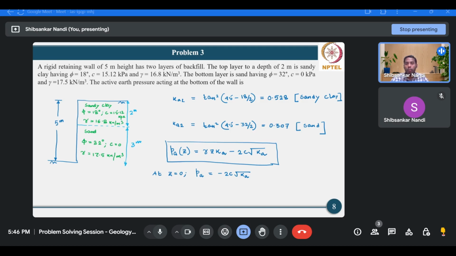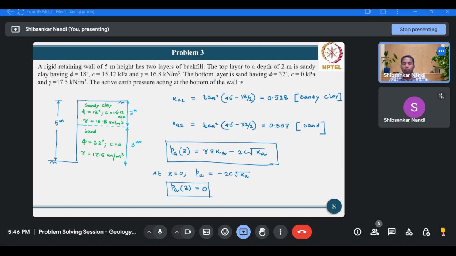Now, up to what extent will this tension be the prevailing condition? That we can determine by equating this Pa(z) to 0, where the sign change occurs.